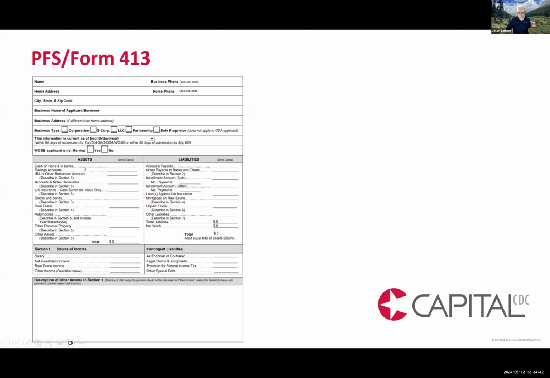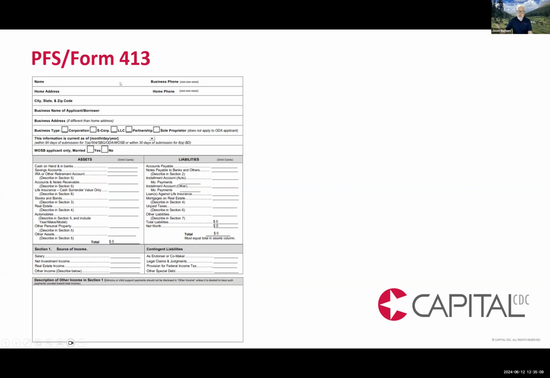You'll notice right here on the first page, and I will say this, when you fill out your personal financial statement, and by the way, does it have to be on a 413? No, you can do your own, but there's some basic information you want. Essentially, it goes back to the balance sheet. We're just looking for a personal version of the balance sheet with also some additional information about you personally.